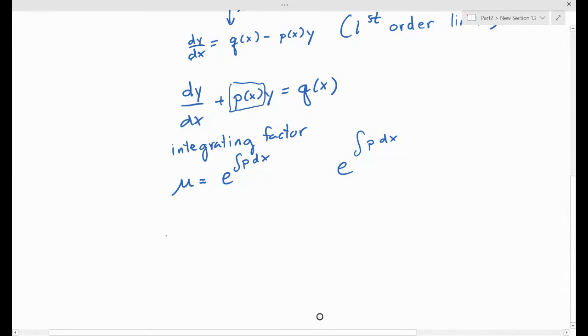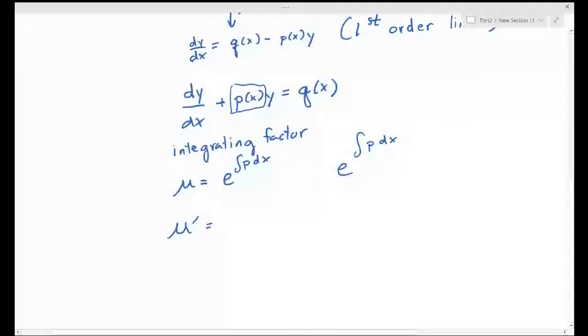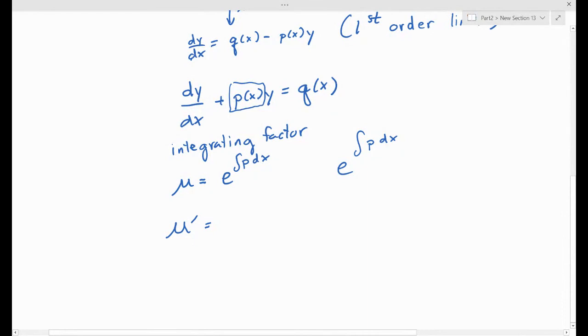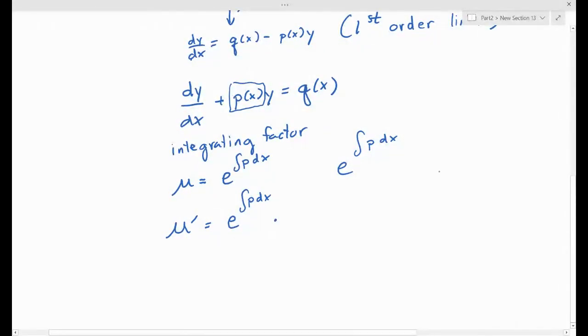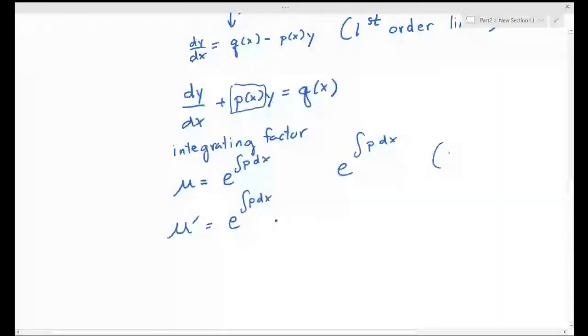Okay, and what you want to notice about it is if you differentiate this integrating factor with respect to x, you're differentiating an exponential function. So you're going to get it back. But then you have to multiply by the derivative of the exponent. And what happens when you differentiate an antiderivative?